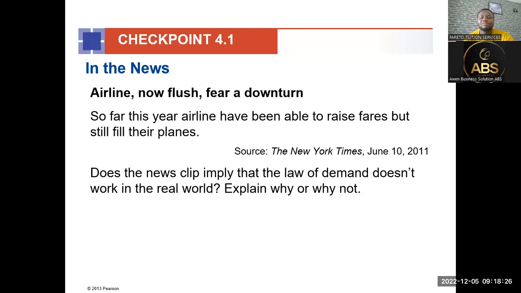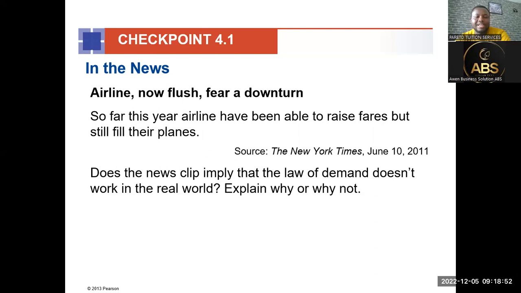First of all, I think it works, but with this particular example, it's dependent on the type of goods that you're talking about here. A normal good, where the income increases... But here we are not talking about income.